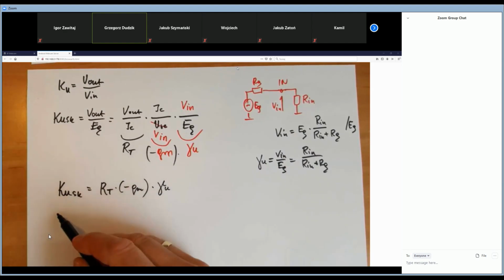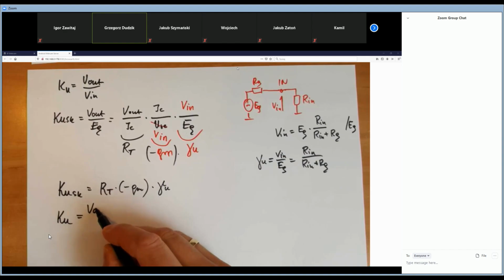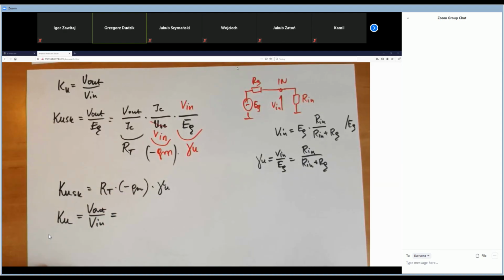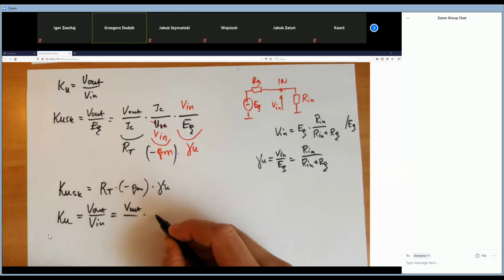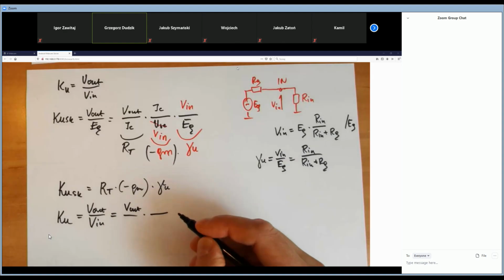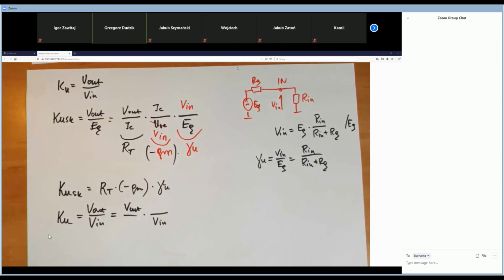What about the voltage gain? Typical voltage gain is V out over V in. So of course we have to make some quiz at this moment. We've got the V out, and this is the V in.